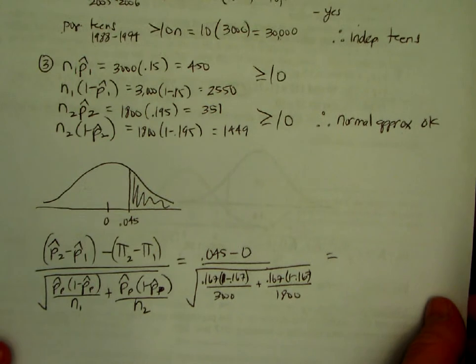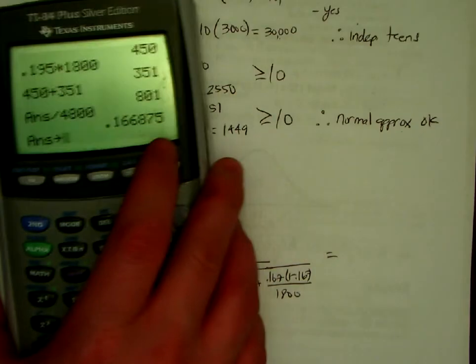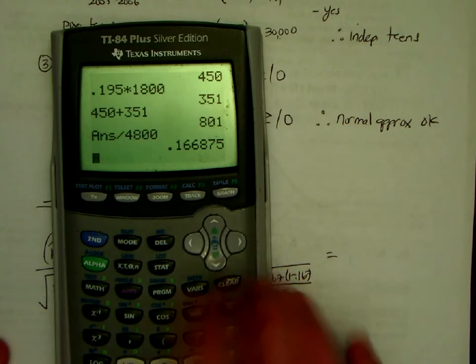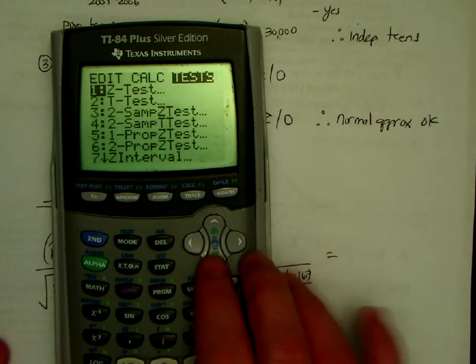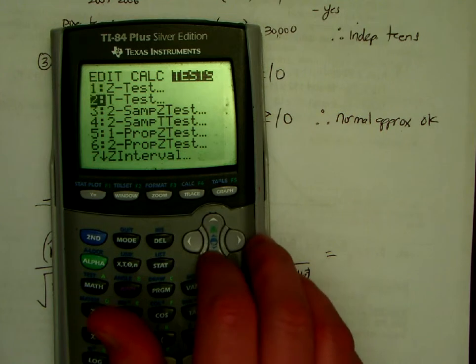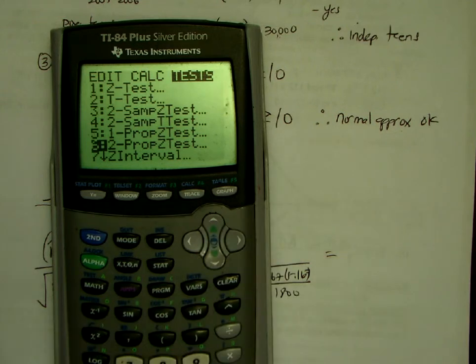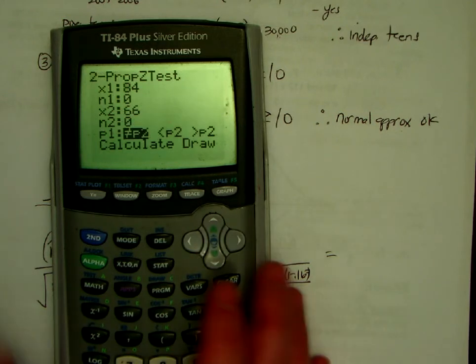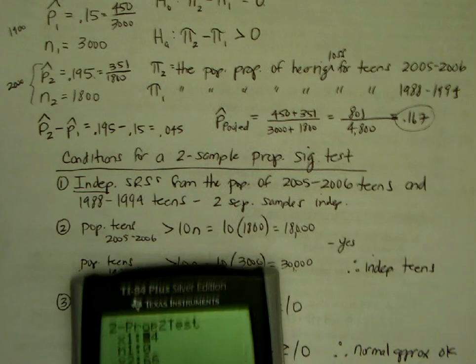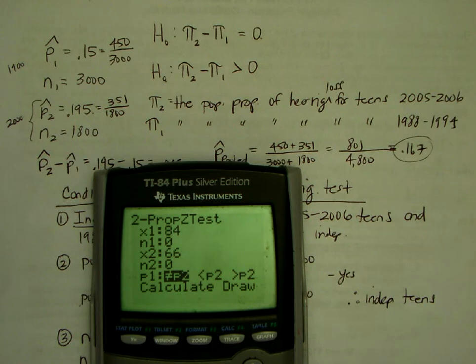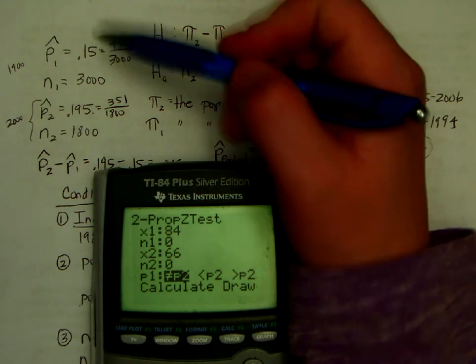So now I go to the calculator, stat test, two sample. And it's a proportion, so you better choose 5 or 6. And it's 6 because it's two sample. Now what's really interesting about this, guys, and this goes back to when you were in confidence intervals: the calculator doesn't want the 15%.